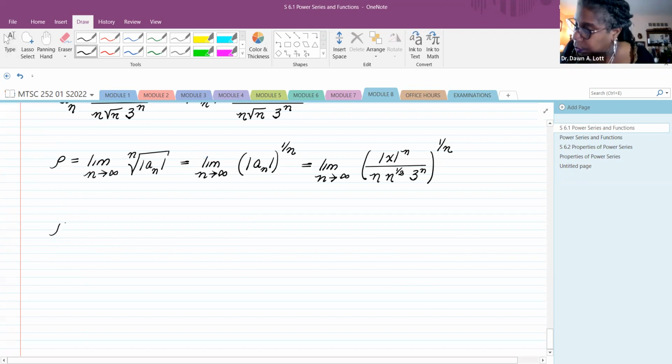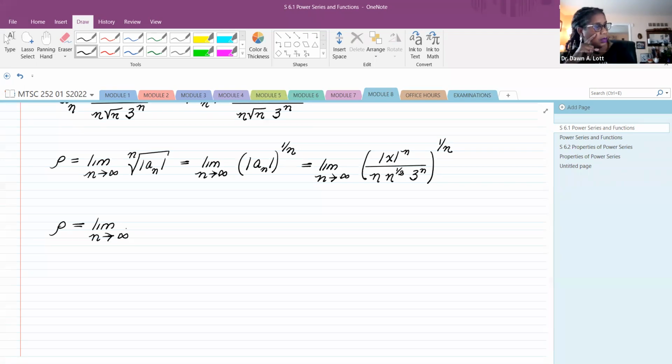Okay, so rho, the limit as n approaches infinity. Who's going to simplify for me? You guys can do this. Who's going to simplify for me? You take the absolute value of x to the n and then raise that to the 1 over n power.